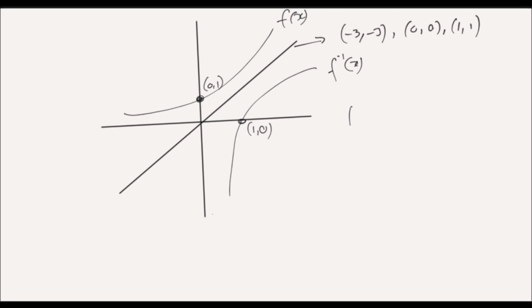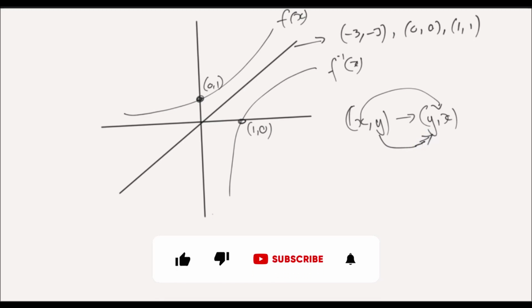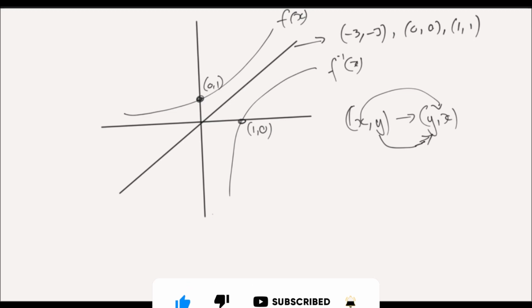So if we have a point (x, y), the inverse will change that into (y, x). It will take the value of x and make it the y value, and take the y value and make it the x value in the inverse function. Basically, that's the whole idea around inverses and inverse functions.